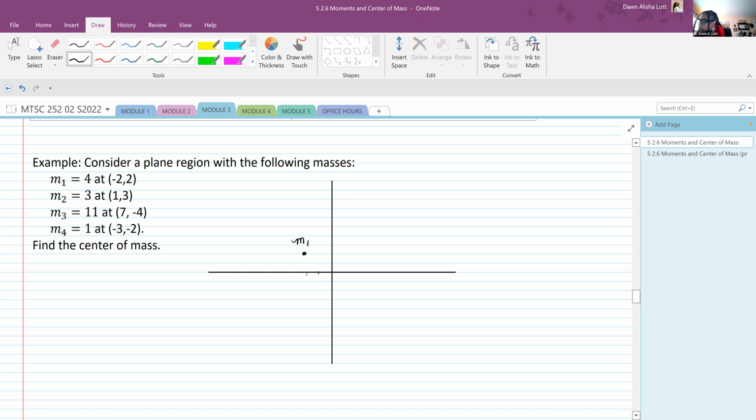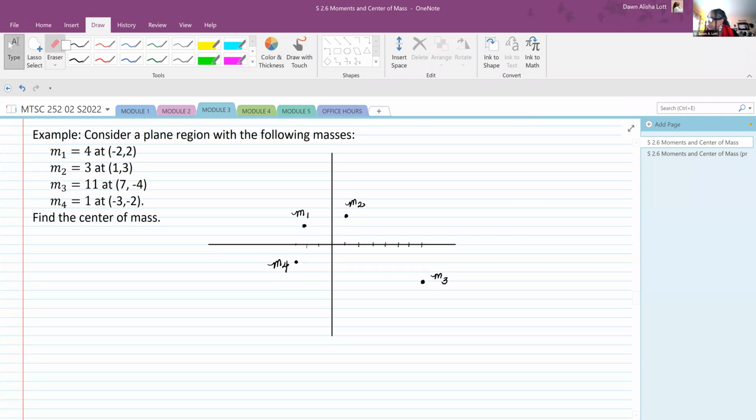There's a mass at (1, 3). There's a mass M3 at (7, -4). And then there's a mass at (-3, -2). And I need to find the center of mass, okay?